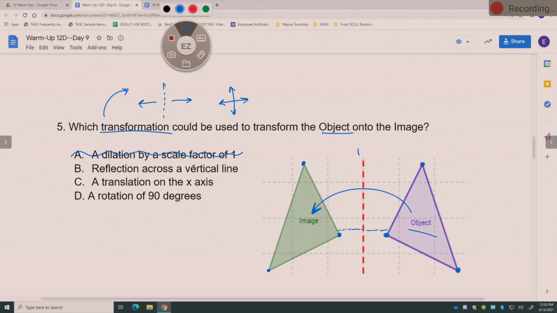So this would be our mirror right here. And this is our original object, and it got flipped so that it's the mirror image on the other side. So a reflection across a vertical line.